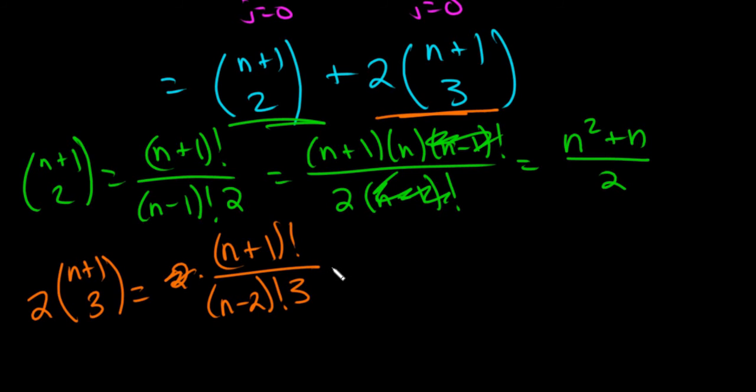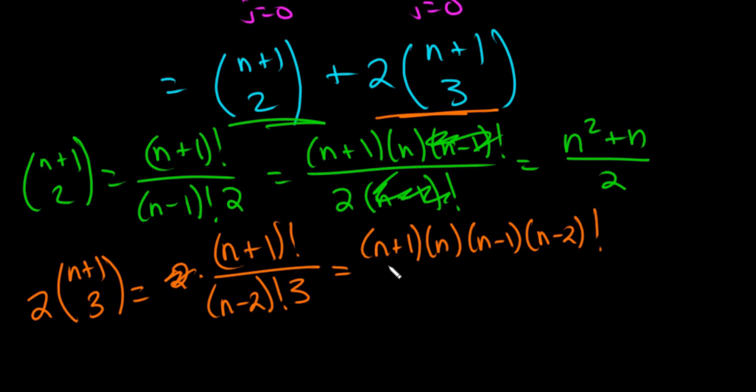And if I expand this (n plus 1) factorial, I'll get (n plus 1) times (n minus 1) times n times (n minus 2) factorial. And then this (n minus 2) factorial is just going to cancel with this guy. So I get 3 times (n minus 2) factorial, and these guys cancel.